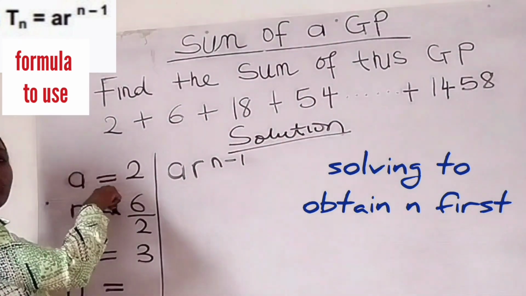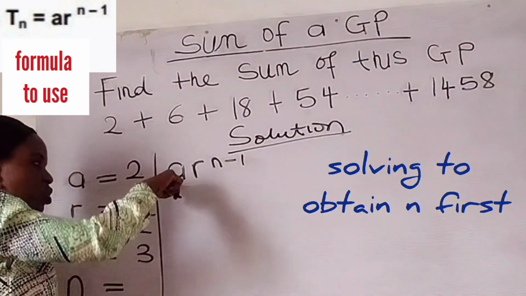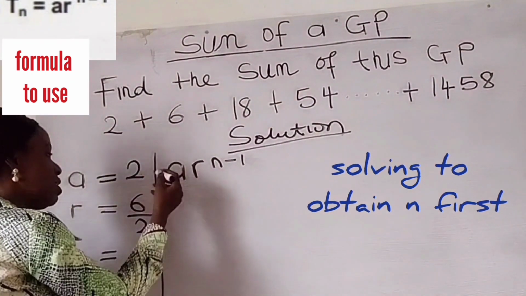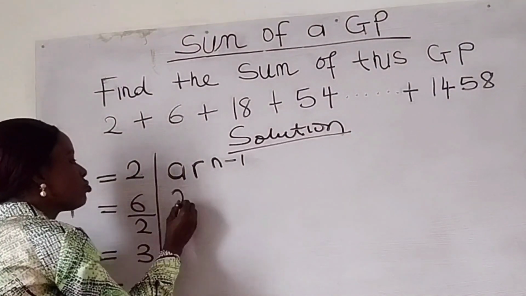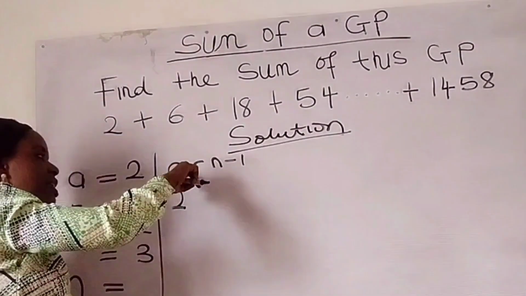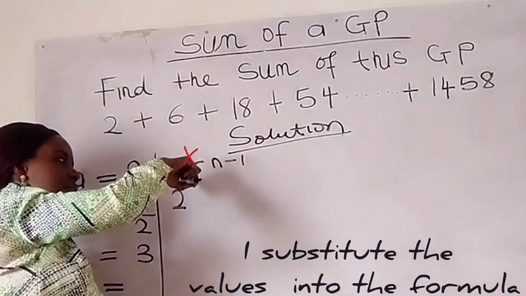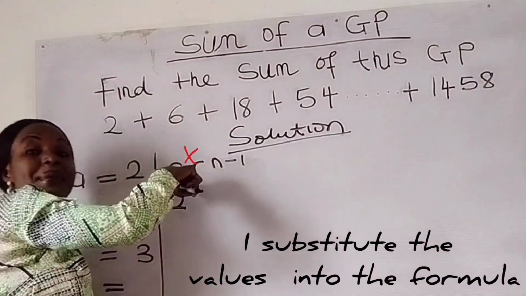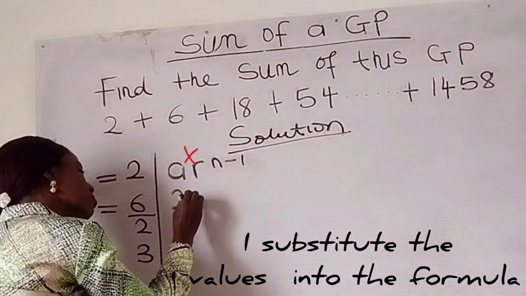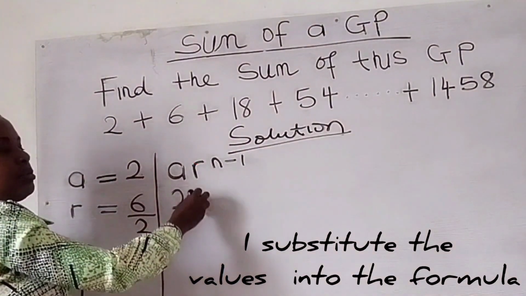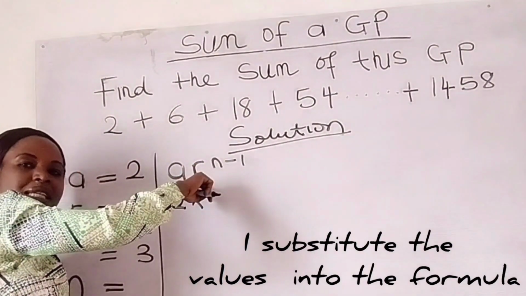A is equal to 2, so we substitute 2 for A. There's an invisible multiplication sign here, so I make it visible: times R. What is our R?